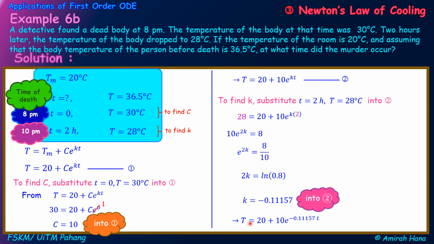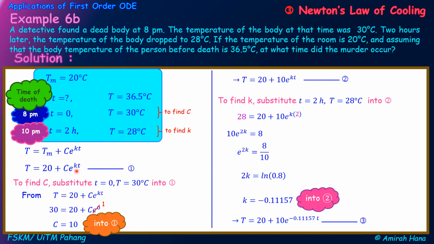So now we have temperature equals 20 plus 10 e to the power of negative 0.11157 T. This is the temperature at any time T, right? And after that, we can name it equation 3.